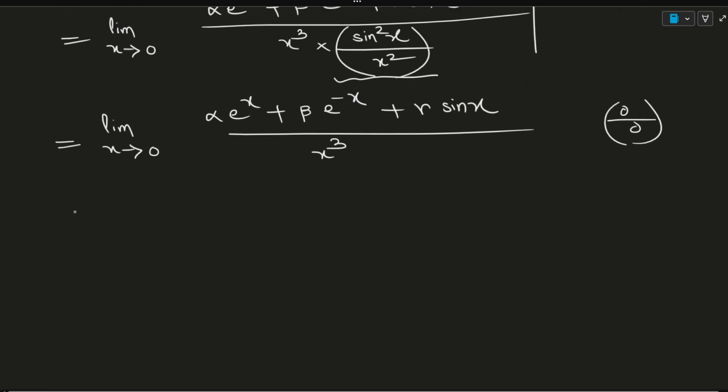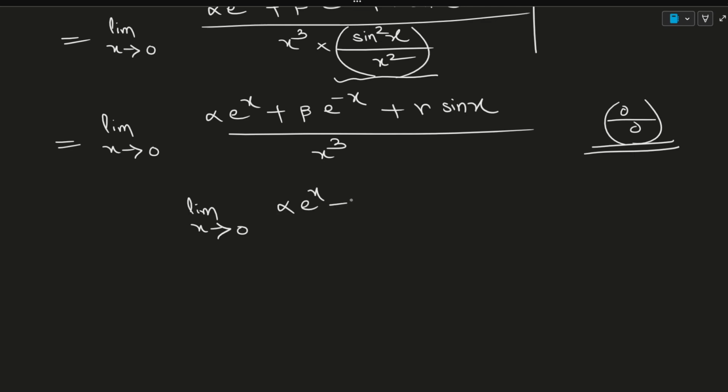So now I am going to apply L'Hospital rule. Why? This denominator function is in x square. So if we are saying that it is in 0 by 0 format, the numerator also has to be 0. It means limit x tends to 0 of alpha e to the power x plus beta e to the power minus x plus gamma sin x is equal to 0.